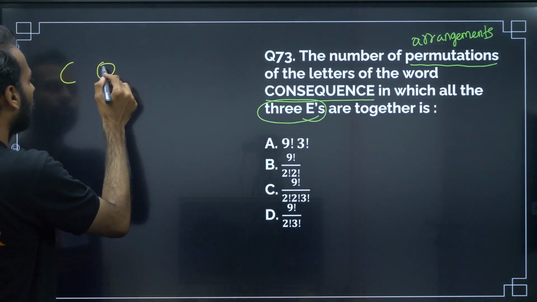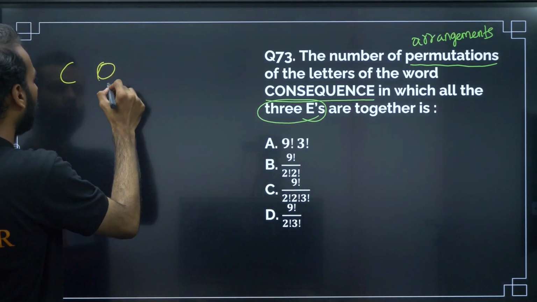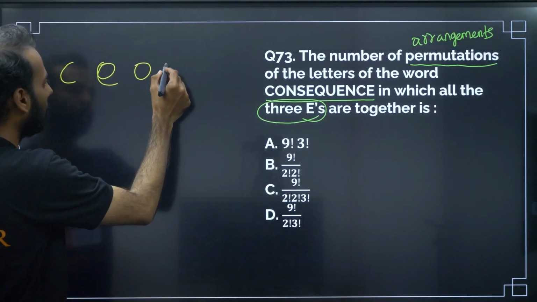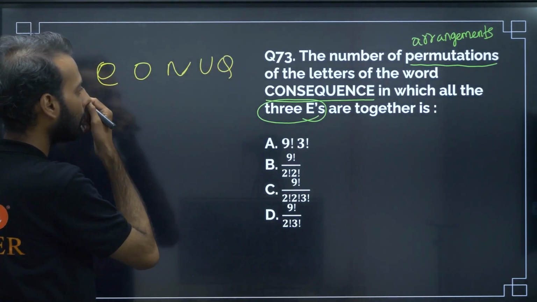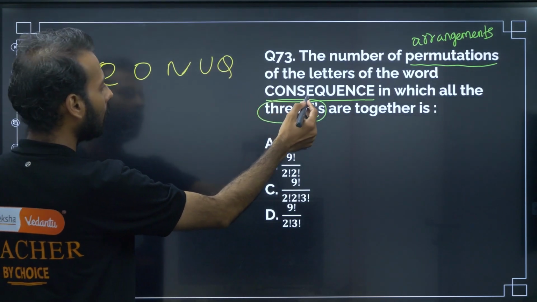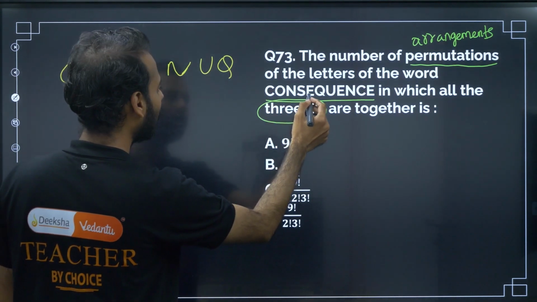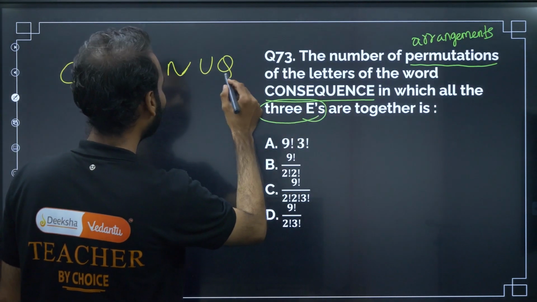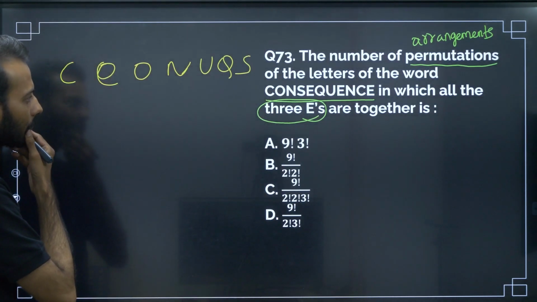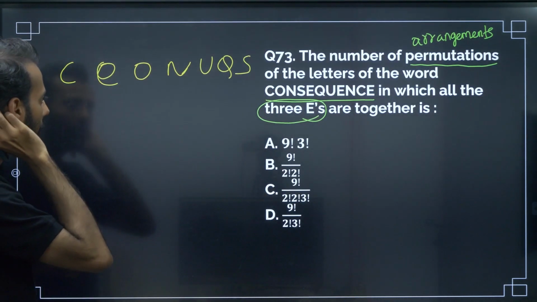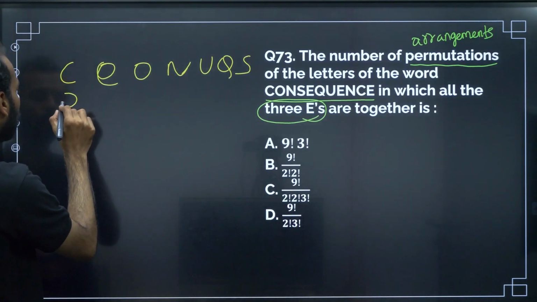Consequence means, let me write the alphabets: C-O-N-S-E-Q-U-E-N-C-E. How many C are there? There are 2 C's.